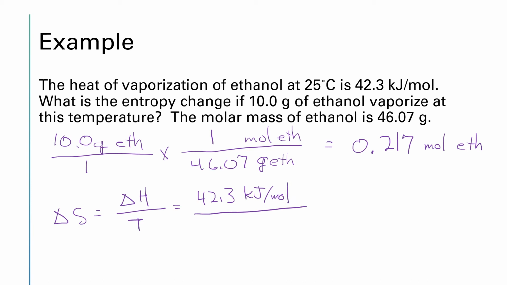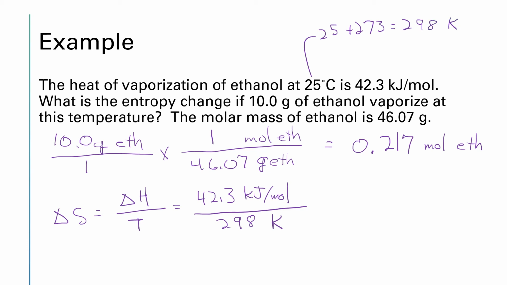And our temperature is 25 degrees C, but we've got to convert that to Kelvin. So 25 plus 273 gives us 298 Kelvin. Just for reference, let me go ahead and write that up here. 25 plus 273 is equal to 298 Kelvin.